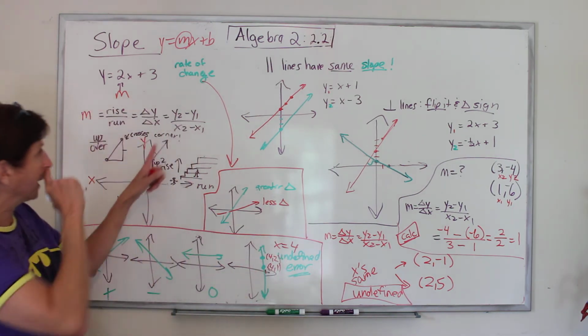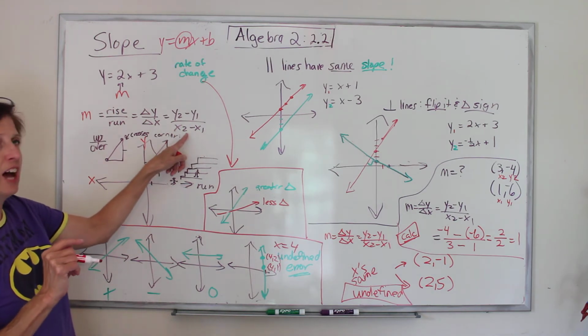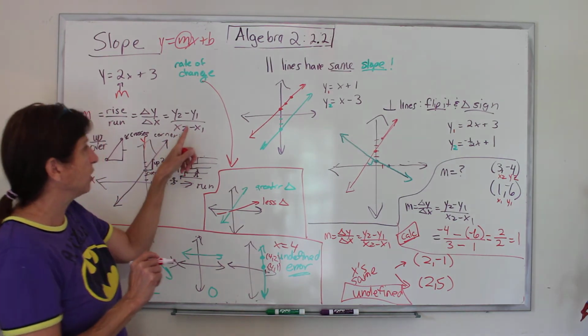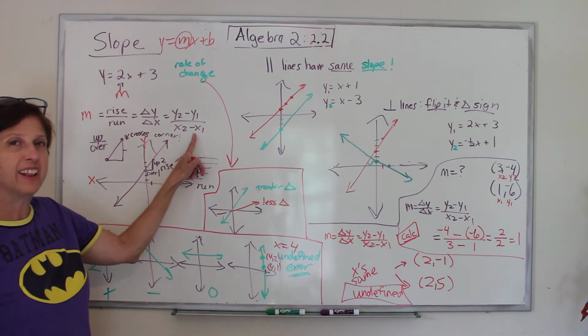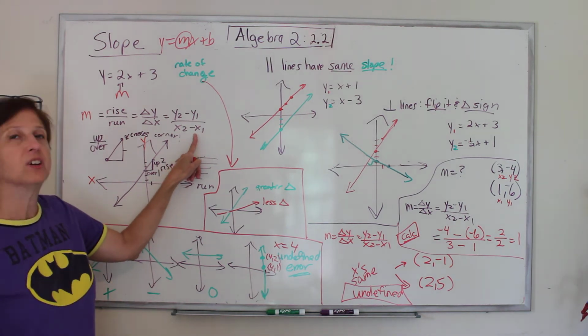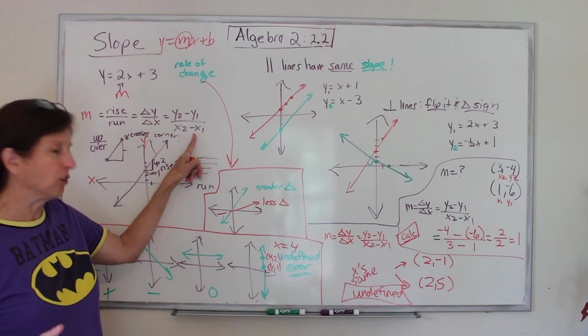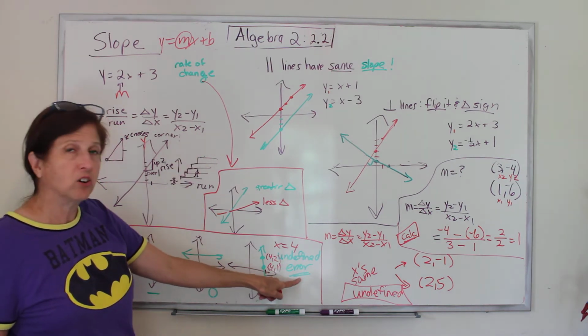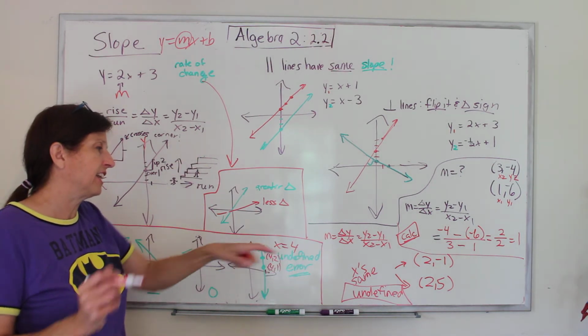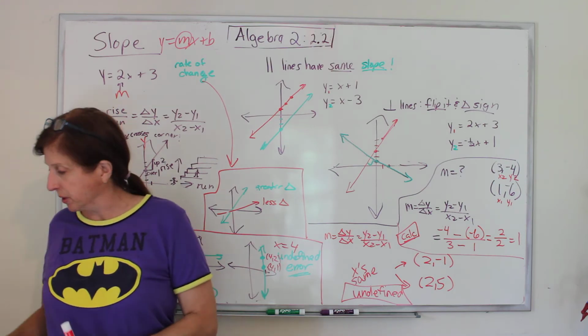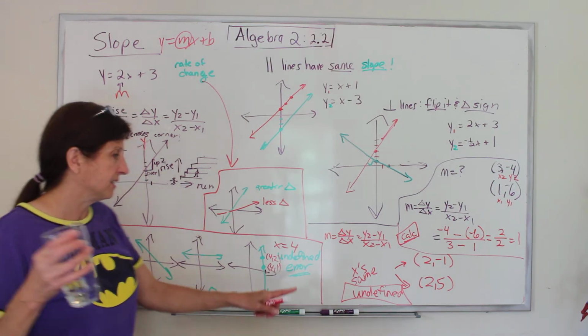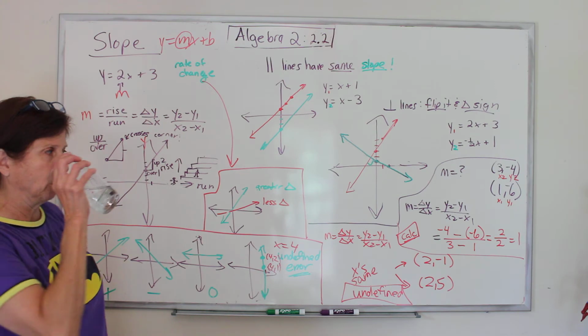If you subtract 4 by 4 in the denominator, you're going to end up with a 0 in the denominator, and that's not allowed. We're never allowed to have 0 in the denominator in math, so you'll get an error on your calculator, and it is said to have an undefined slope. We can't define it because it just says error on our calculator.